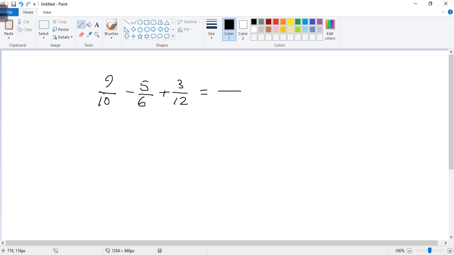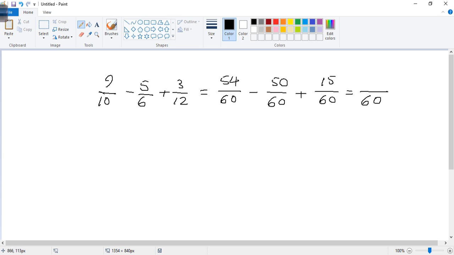It seems to us 60. 60 divided by 10 is 6, 6 times 9 is 54. And the second one, 60 divided by 6 is 10, 10 times 5 is 50. And 60 divided by 12 is 5, 5 times 3 is 15.